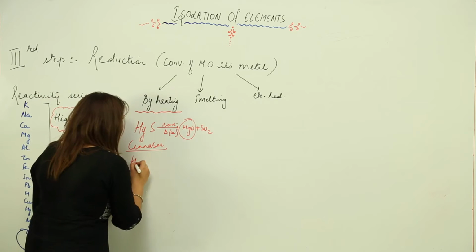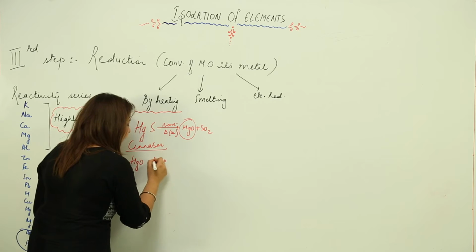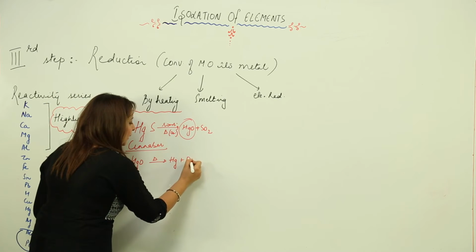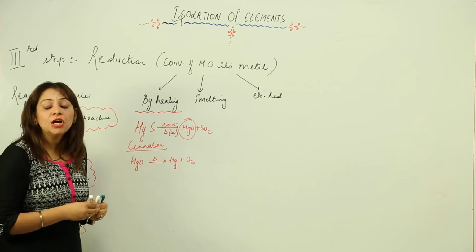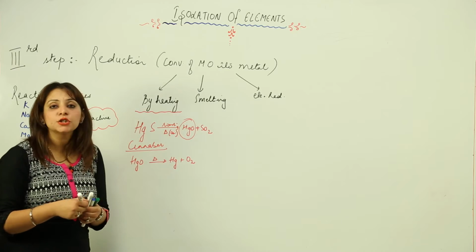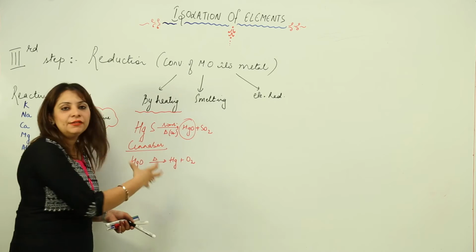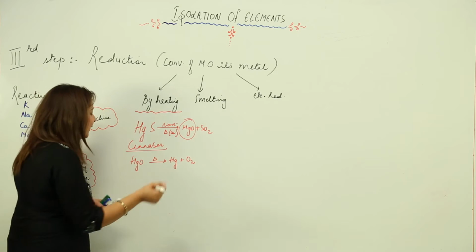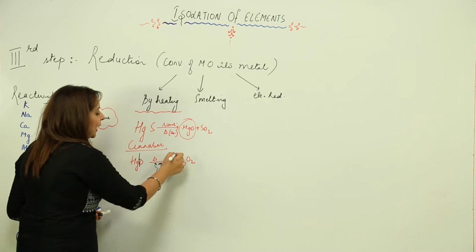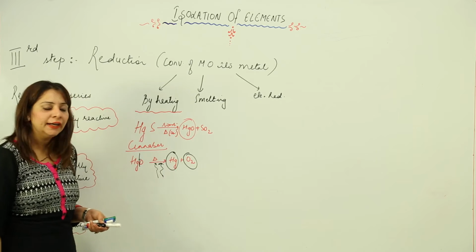Now in the third step we just heat it, and after heating, mercury and oxygen get separated. Because it is not so reactive, the bond between mercury and oxygen is not so strong, so we can easily cleave it by heating. I have supplied it with heat, the bond breaks, and the metal separates out, right?